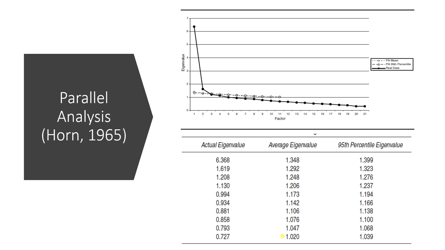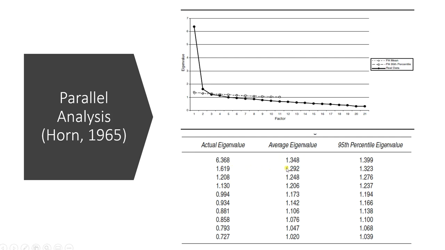Now, how to decide the number of factors? So the eigenvalue tells the variance explained by a component. So the first component has an eigenvalue in actual data of 6.368, and it is higher than the eigenvalue obtained from the random data set.